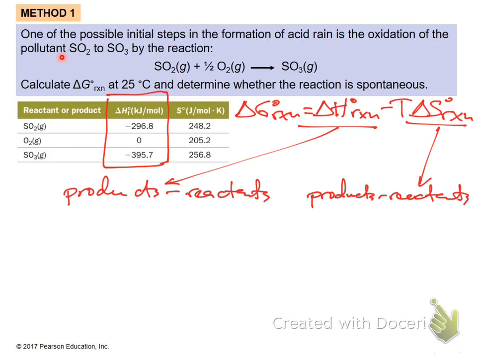For the products, we only have one here, sulfur trioxide. So we have 1 mole of sulfur trioxide multiplied by the delta H of formation, which is negative 395.7.